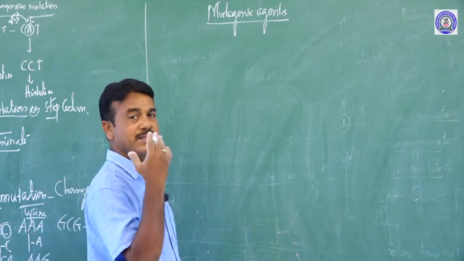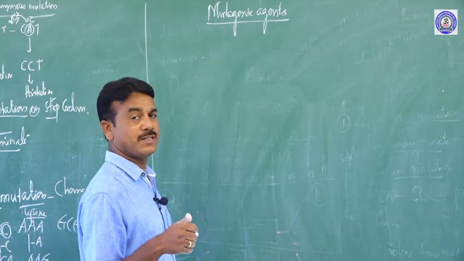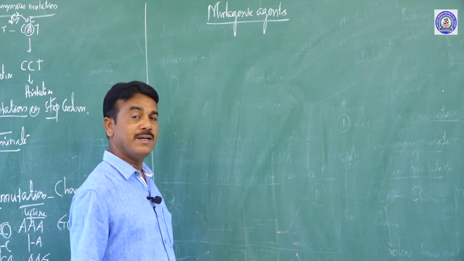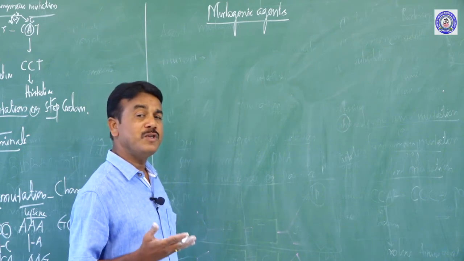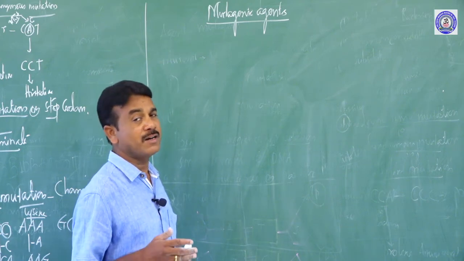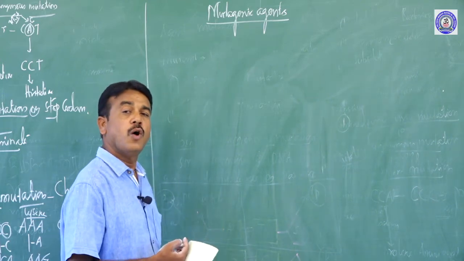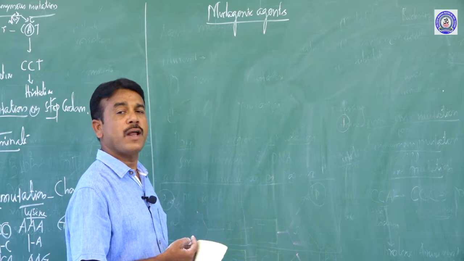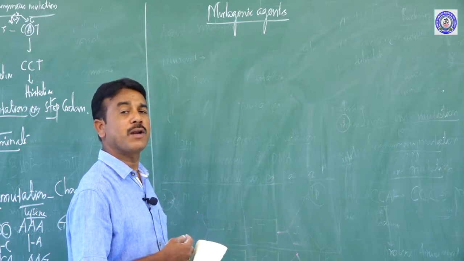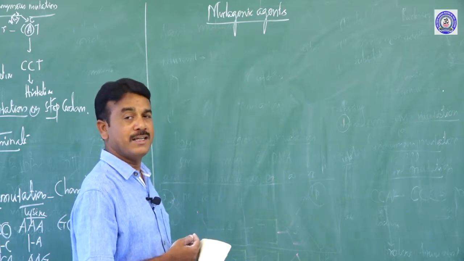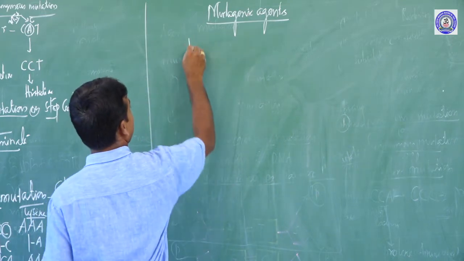Both of these cause mutation in an organism, in plants and animals, and are commonly called mutagenic agents. The first to find mutagenic agents was Muller.